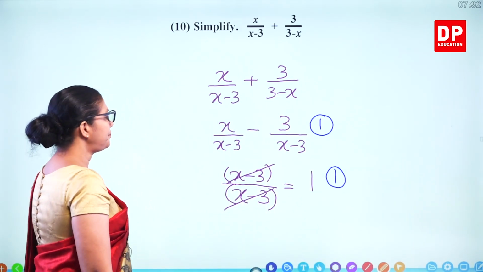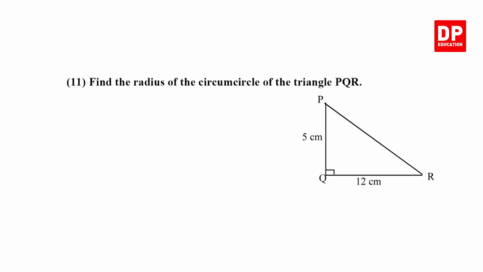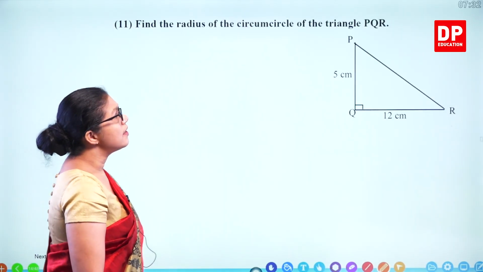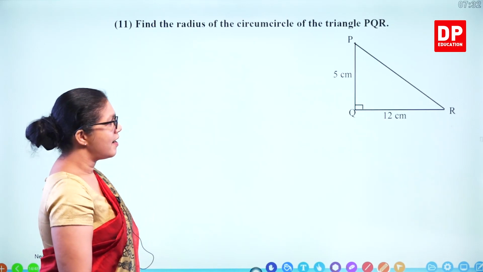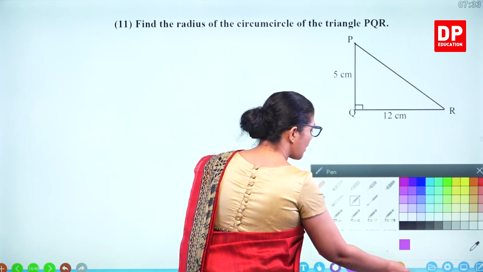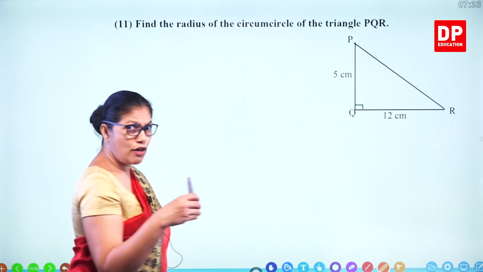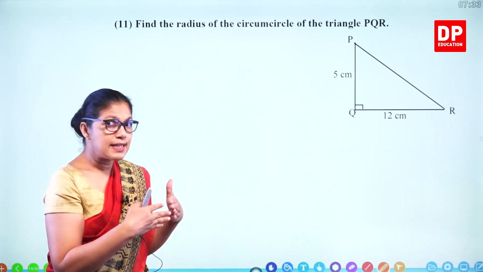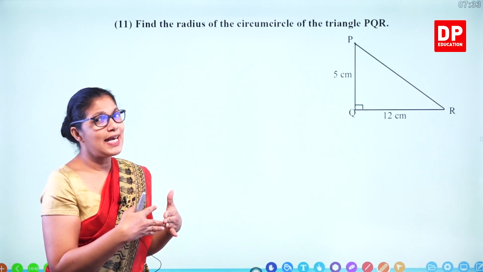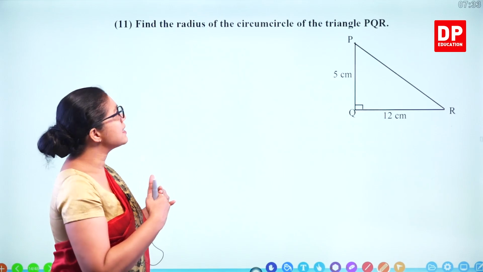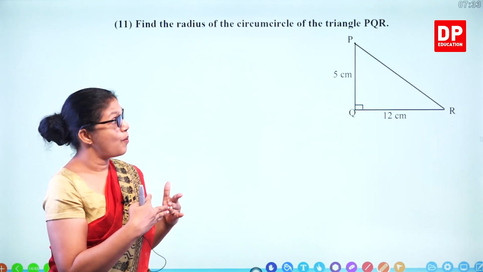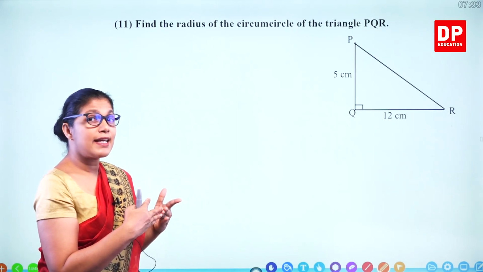denominator. Question number 11. Find the radius of the circumcircle of the triangle PQR. What do you know about circumcircle? When you draw the perpendicular bisectors and the intersecting point of 2 perpendicular bisectors, you get the center of the circumcircle. Now, this is a right angle triangle.